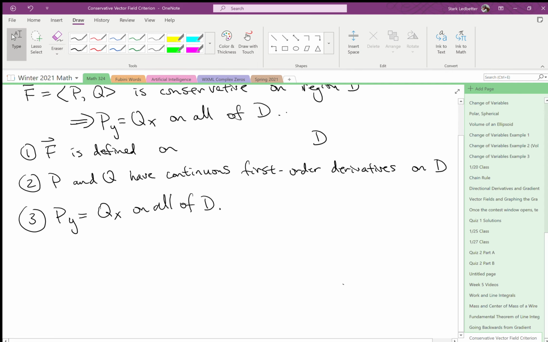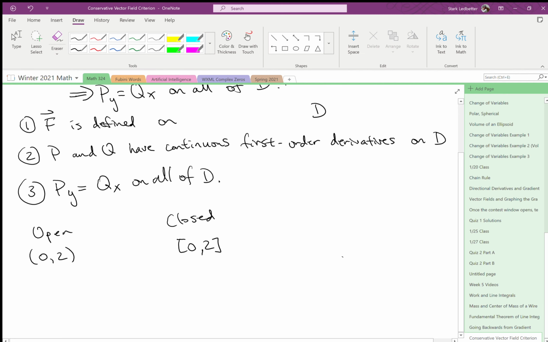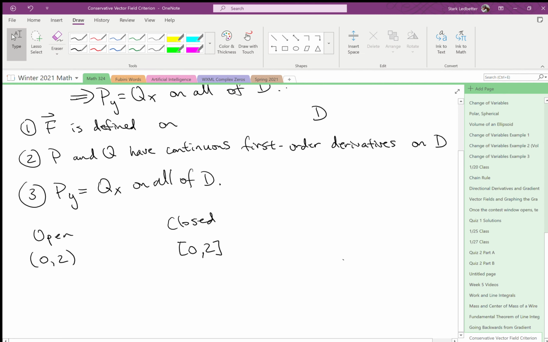Okay, what conditions do we need? Okay, we're doing calculus. Remember from first variable calculus, you had open and closed intervals. Let's say from 0 to 2. You could have the open interval from 0 to 2, which is all the numbers from 0 to 2, not including 0 and 2. And then the closed interval from 0 to 2, all the numbers from 0 to 2, including 0 and 2. Which one of these is better for calculus? For integration, it doesn't make a difference.